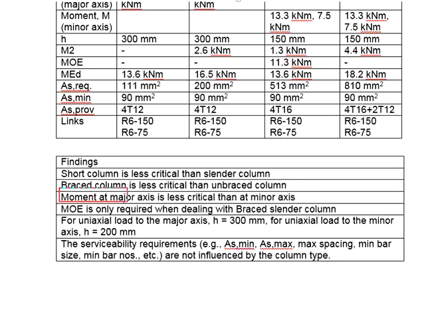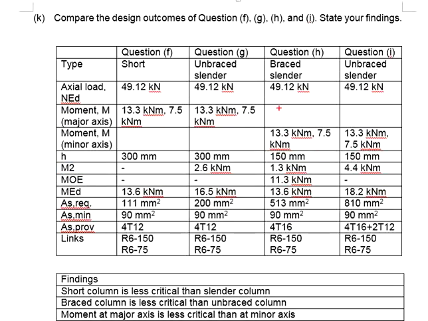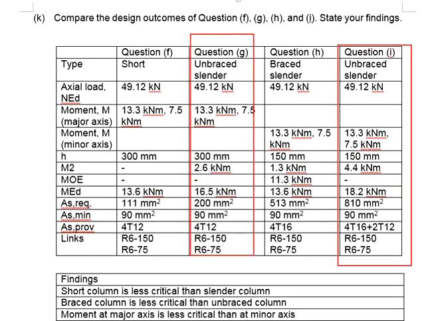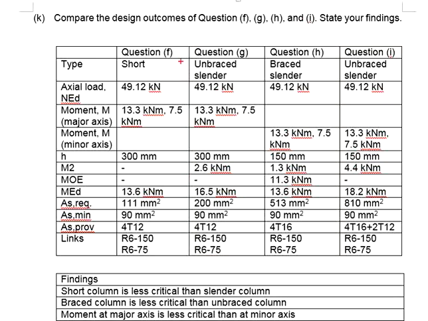Next, the moment acting at the major axis is less critical than the minor axis. Let's say you compare these two. They are both unbraced and slender columns. The loadings are the same. Only the moment for this one is acting in the major axis, whereas this one is for the minor axis. The AS required changes quite significantly.